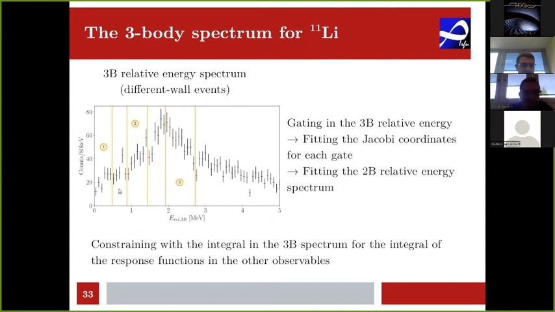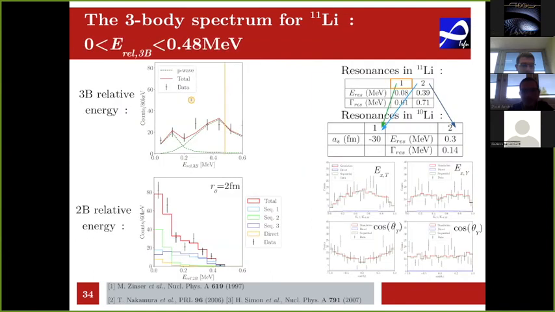Here I considered these 3 gates that I show, and this time, because lithium-11 showed strong sequential behavior, we have directly fitted as well the two-body relative energy spectrum to constrain the different resonance states in lithium-10, and then fitted again the Jacobi coordinates, which gives this for the low energy gate below 480 keV.